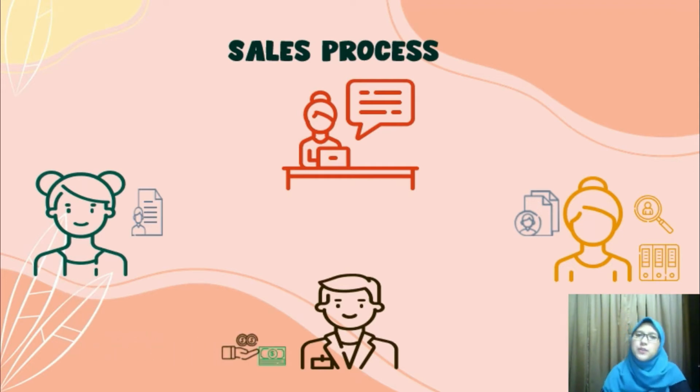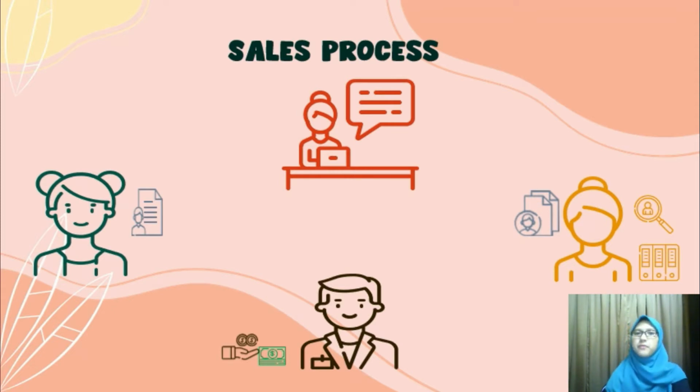Okay, so in the sales process, there are several departments involved, right? Like the sales department, warehouse department, collecting department, and also the accounting department. So all of these departments are responsible to key in the data and record the transaction.